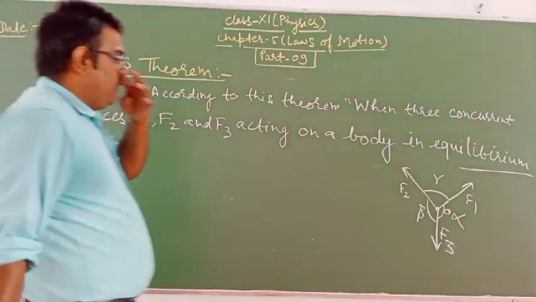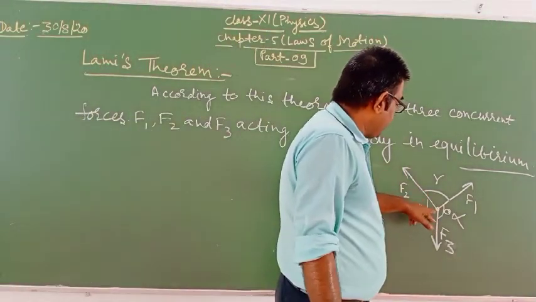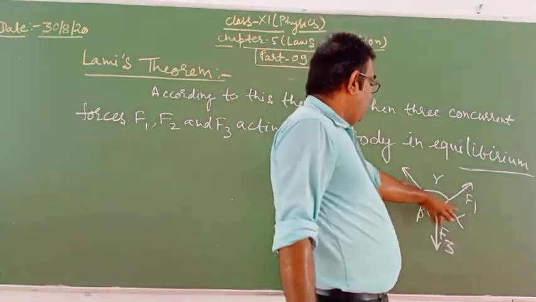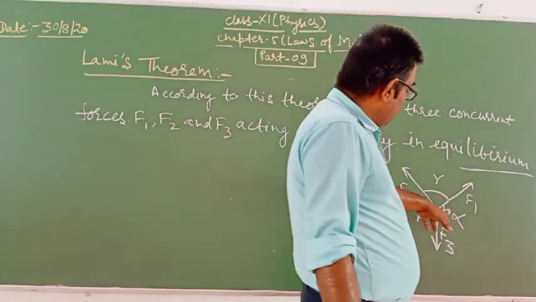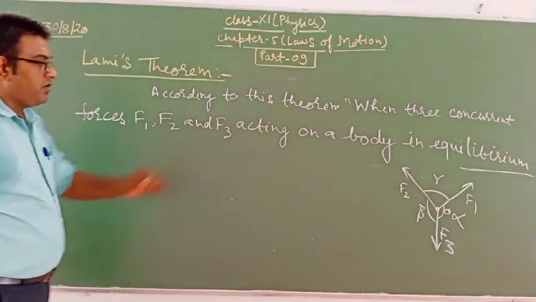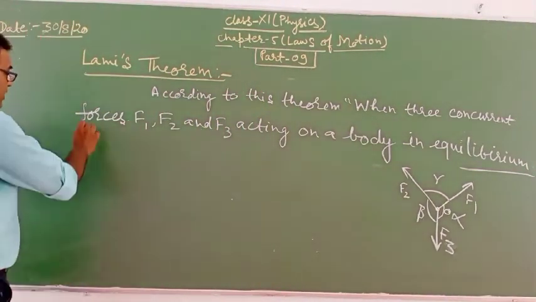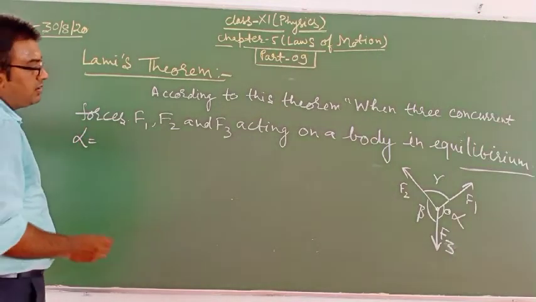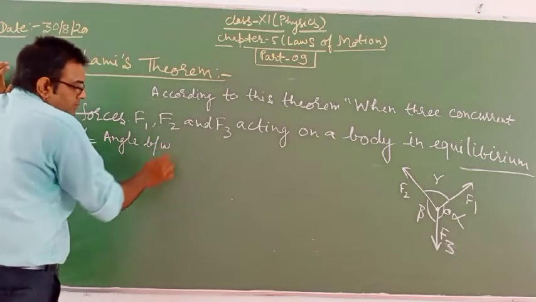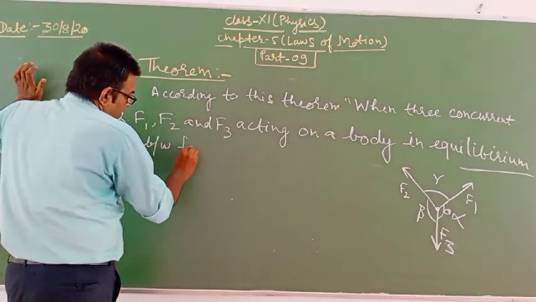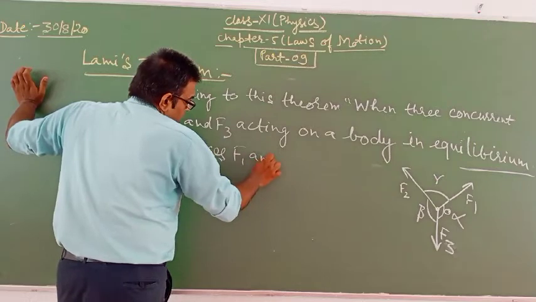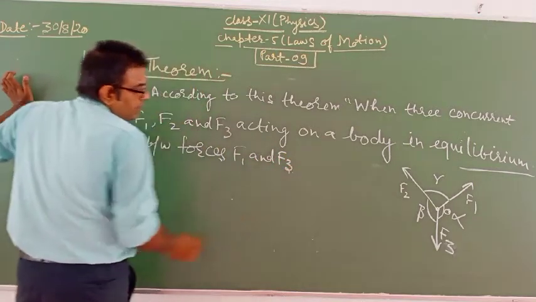So if the forces F1, F2 and F3 are acting on a body at point O, and all these forces are inclined to each other with angles alpha, beta and gamma, then first of all I will elaborate the angles. Alpha is the angle between forces F1 and F3.